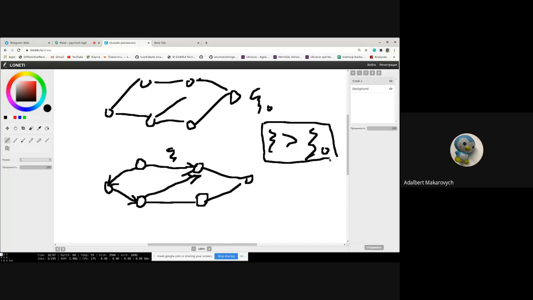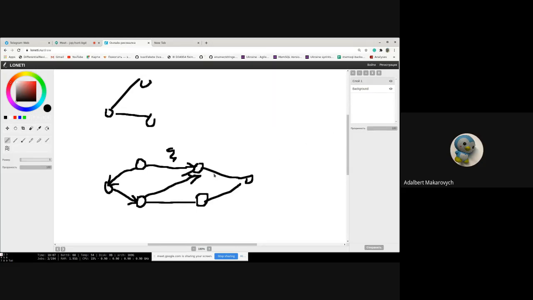Firstly, every flow we can split into some paths and some cycles. So if we have a graph with flow, then we can take this flow as a sum of some paths from S to T, like this path plus this path, and some cycles inside of this graph, for example, this cycle.